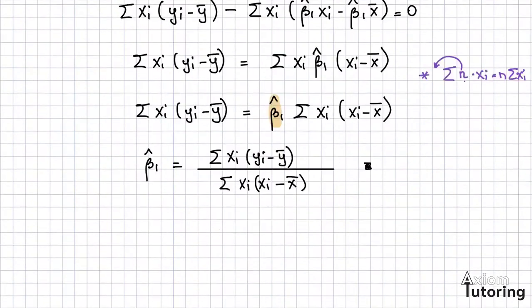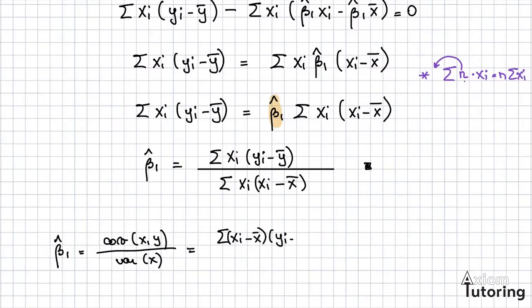Most of the times you will see the formula for beta 1 hat given either as the covariance between x and y divided by the variance of x, or more clearly, in math notation with the summation notation, as the sum of xi minus x bar times yi minus y bar divided by the sum of xi minus x bar squared. Now, this is the formula that you are mostly familiar with.